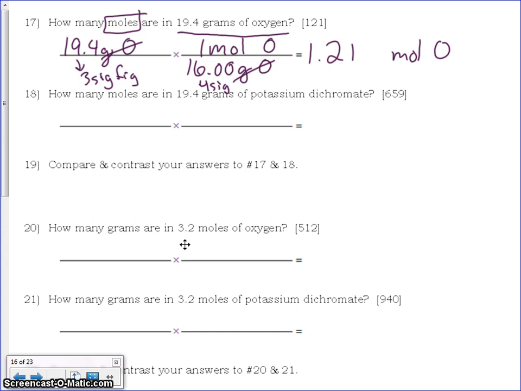Now, when we take a look at the potassium dichromate, remember that was one of the ones you had to calculate on your own, where we should have gotten about 294.2 grams in 1 mole of that. So again, our given value of the potassium dichromate, we're solving for moles.